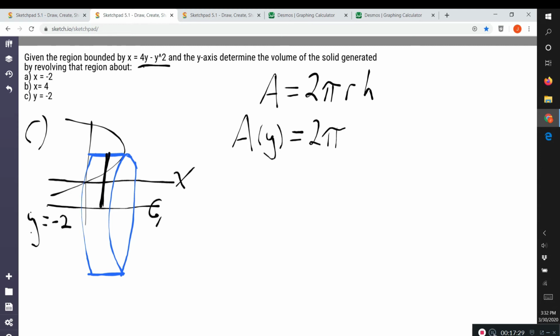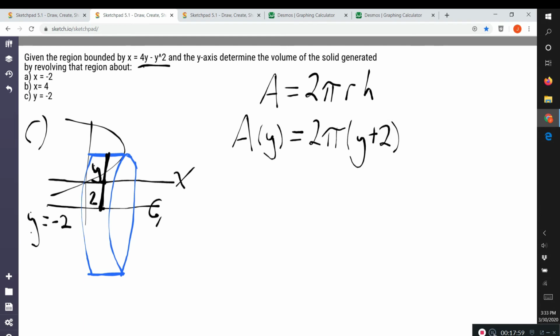Well, first of all, the distance from the x-axis to any point within the curve could be called y. And that would just be from the axis to there. The distance from the axis to the x-axis, the axis of rotation, is 2. So the radius of this is going to be y plus 2.